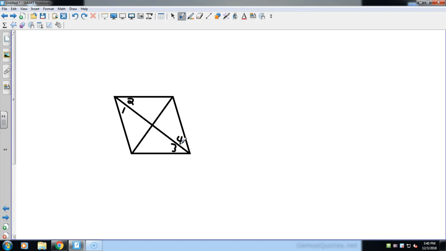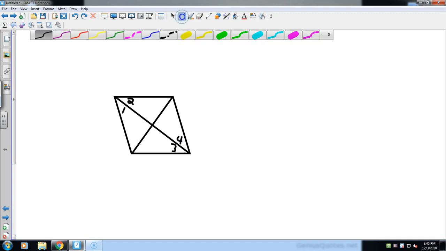Okay, and so we've got this particular angle. Let me draw it a specific color. This specific angle right here is 118 degrees.